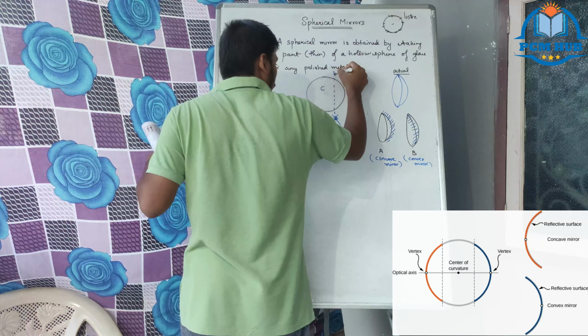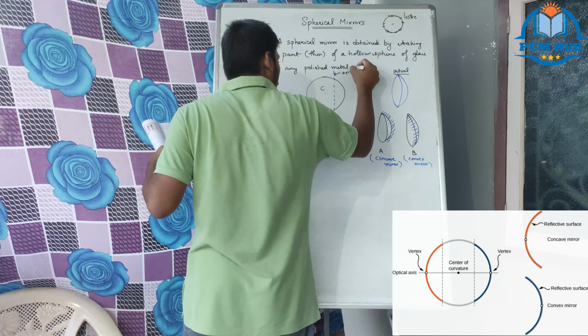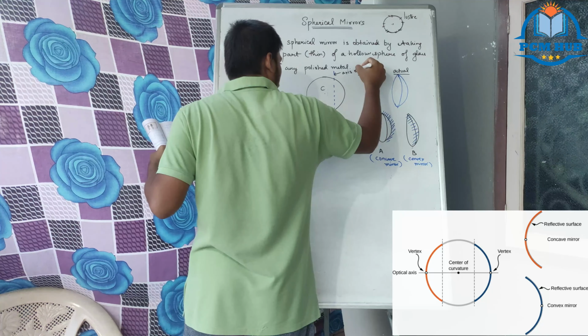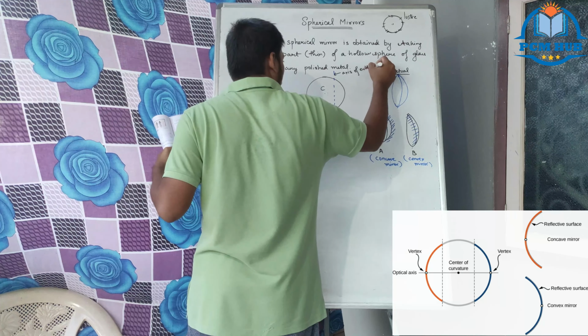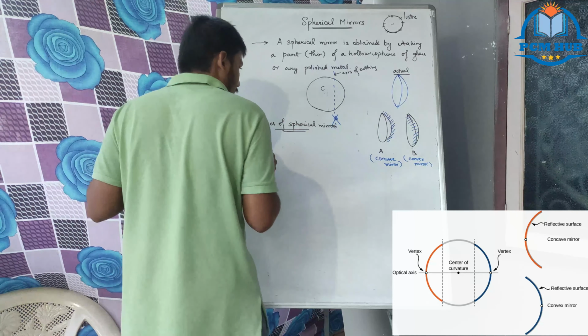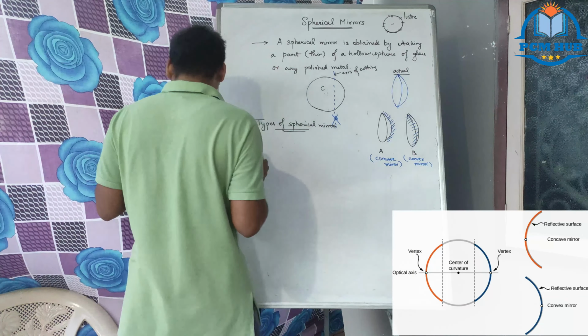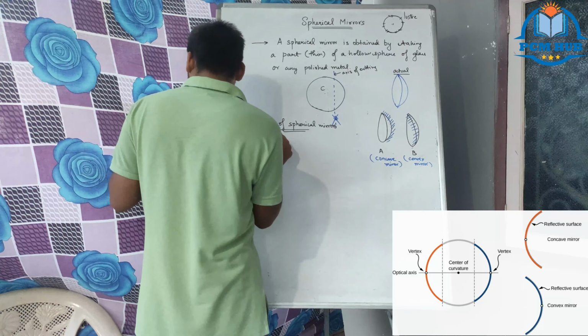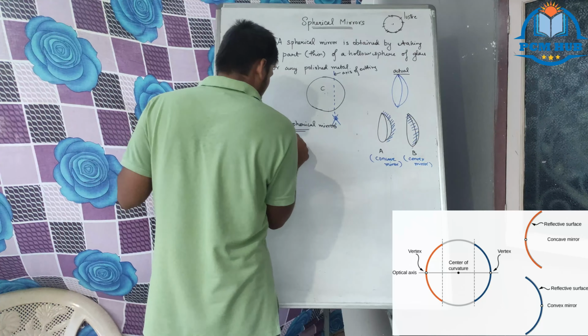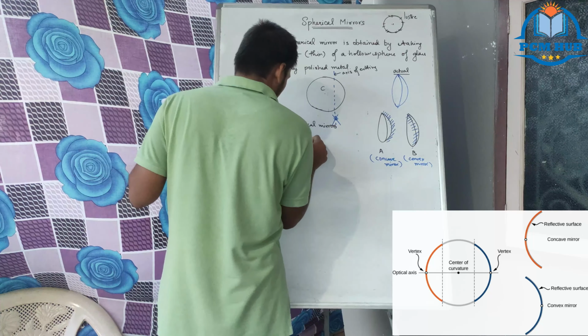This is our axis of cutting. You can take it as axis of cutting. So first one, concave mirror.